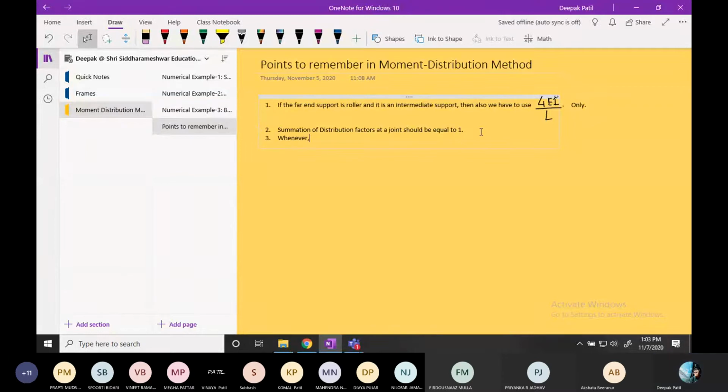Whenever the support is a pinned support or roller support and also an end support, carry over to such support is not allowed.